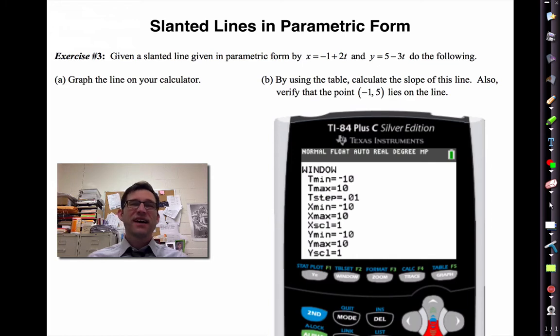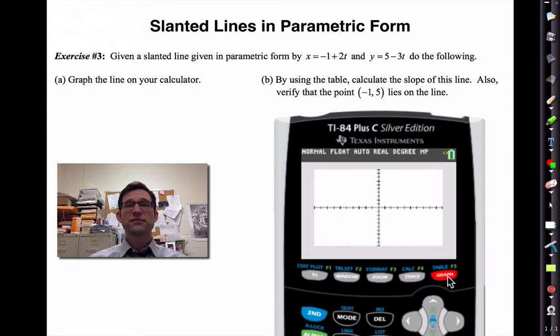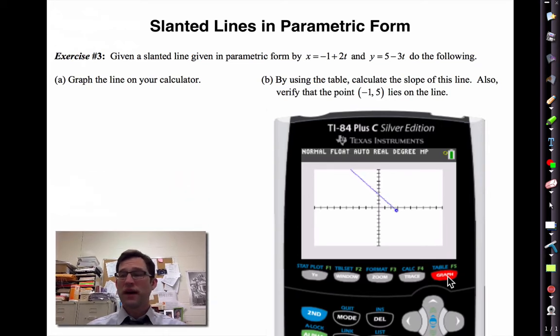For x and y, why don't we just stick with that standard window: negative 10 to 10 in x, and negative 10 to 10 in y. And let's graph it. There it is, right? It's not too bad. In fact, we can sketch a little graph of it.